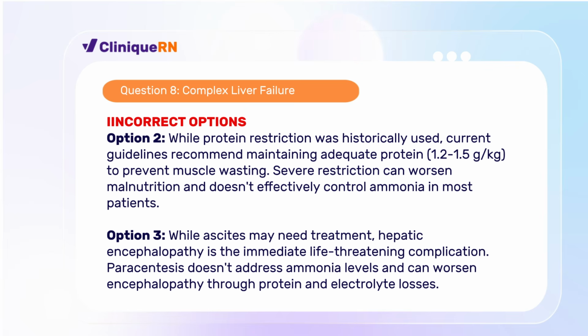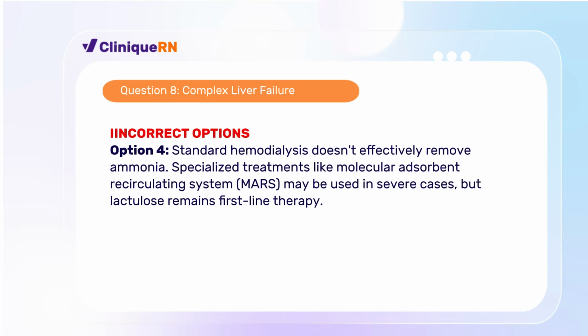Paracentesis doesn't address ammonia levels and can worsen encephalopathy through protein and electrolyte losses. Option 4. Standard hemodialysis doesn't effectively remove ammonia. Specialized treatments like molecular adsorbent recirculating system, MARS, may be used in severe cases, but lactulose remains the first-line therapy.